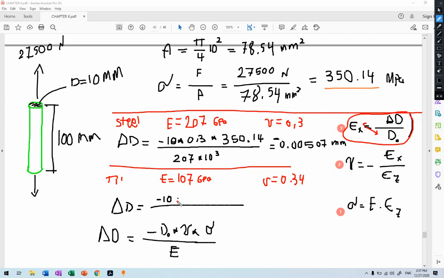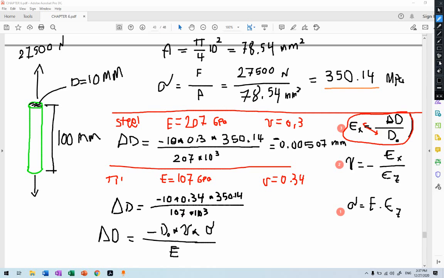I forgot to write it down. So 0.34 this time. Stress is still the same, 350.14, and at the bottom we have 107 times 10 to power 3 to be megapascal.